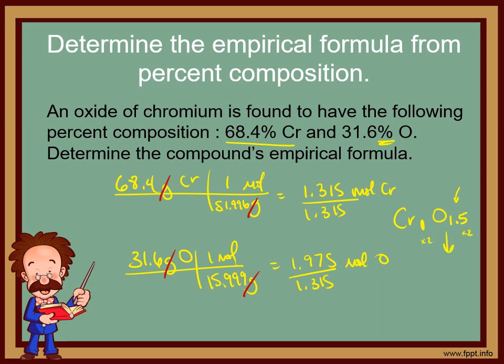And so that's going to give us Cr2O3, because 1.5 times 2 is 3. So our empirical formula, even though the math gave us Cr1O1.5, to get rid of that 0.5, we multiply by 2. 1 times 2 is 2. 1.5 times 2 is 3. Final answer, Cr2O3.